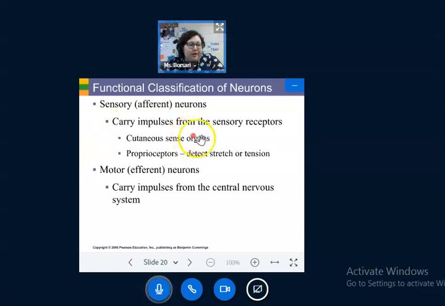So we have specialized neurons for those divisions. The sensory neurons are going to carry the impulses from the sensory receptors. A lot of times this is our touch receptors. When they say cutaneous sense organs, they're talking about the sensory receptors on our skin. We also have our proprioceptors, which are going to detect a stretching or a tension.